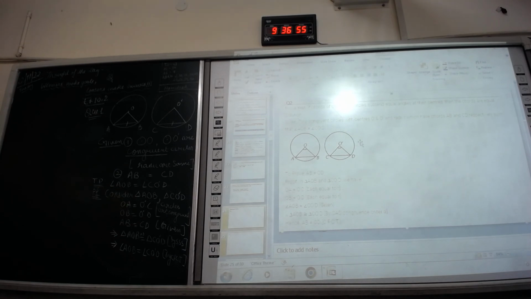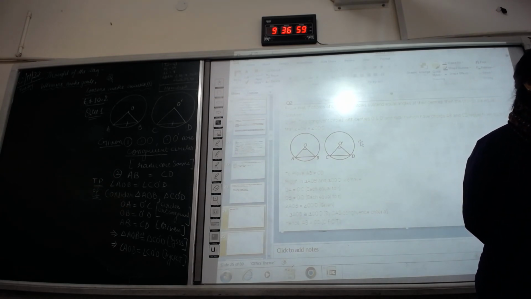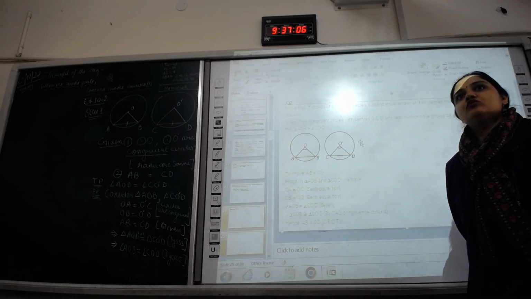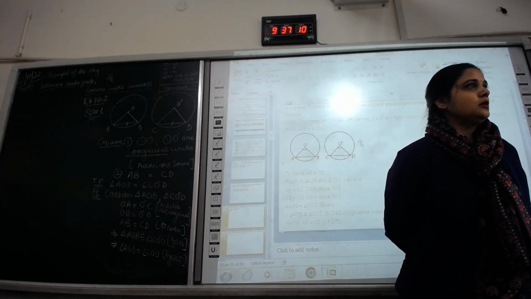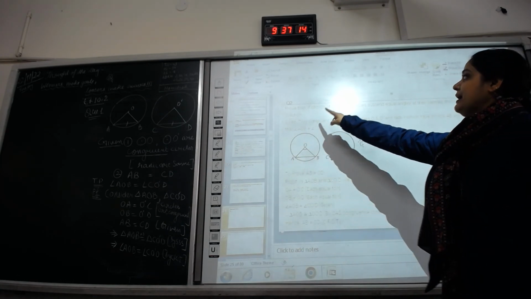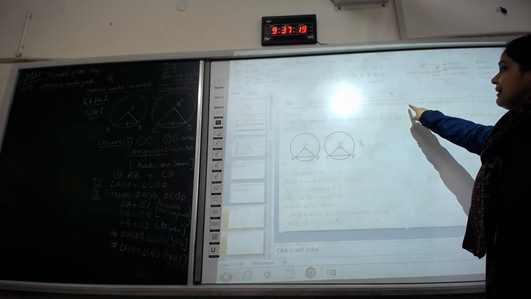Now see this question. I have kept the proof of this. I am not removing this one because this will be proved on similar lines. I am discussing it here. You have to do the proof on your own at home. So just see the question: prove that if chords of congruent circles subtend equal angles.